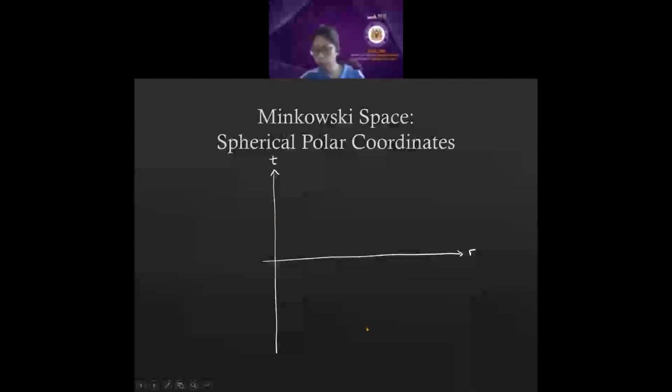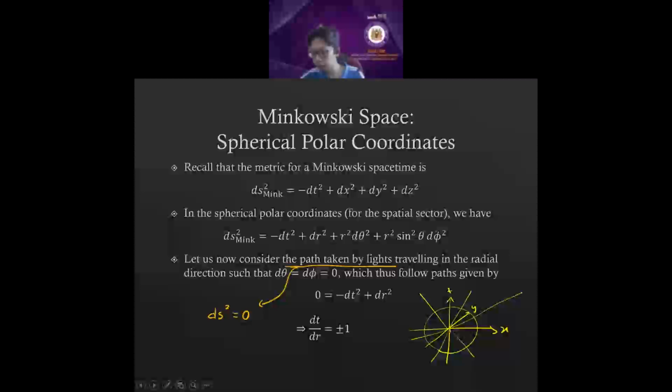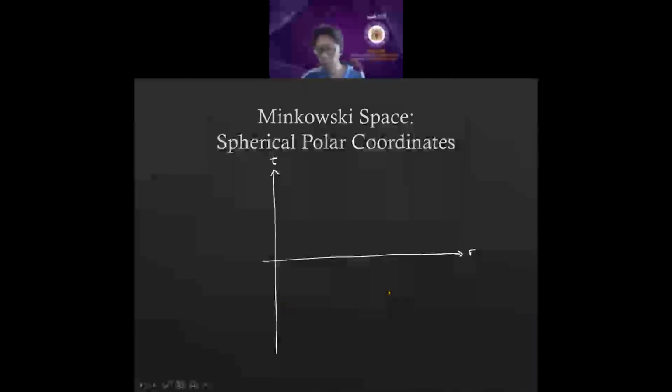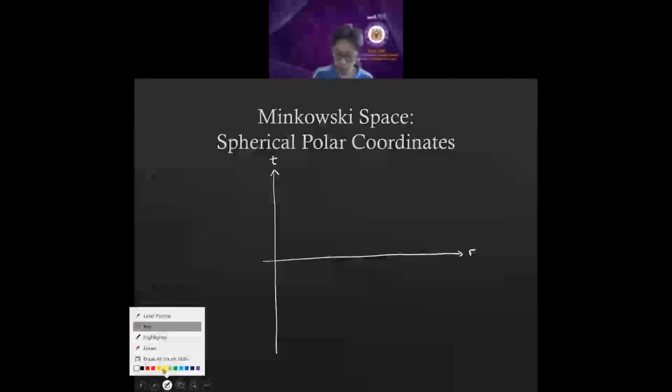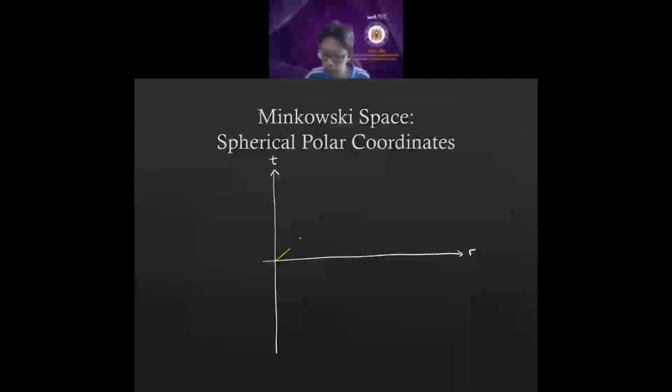So if we consider a light that begins at the center, it can only move outwards. So as time goes on, the light will be traveling in the increasing r direction.